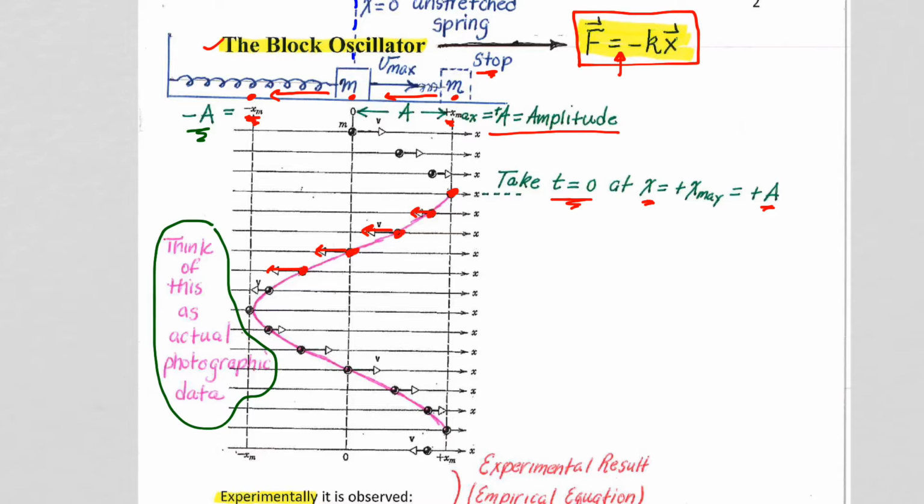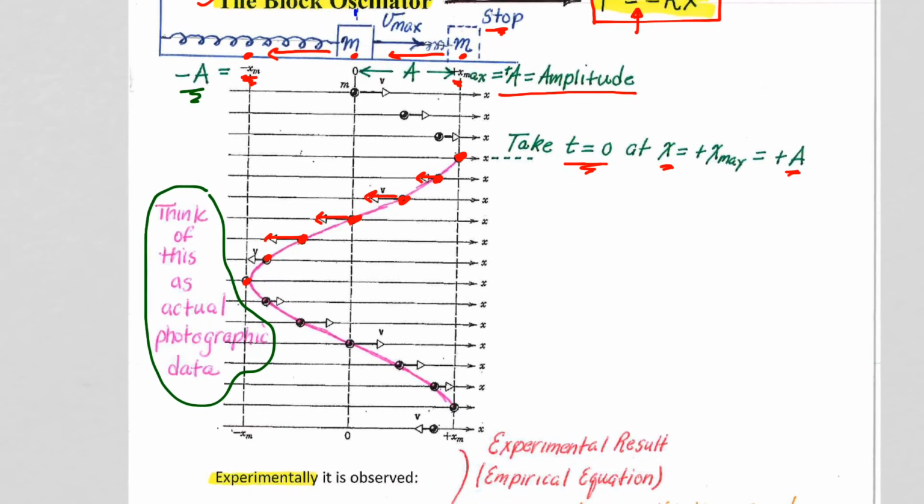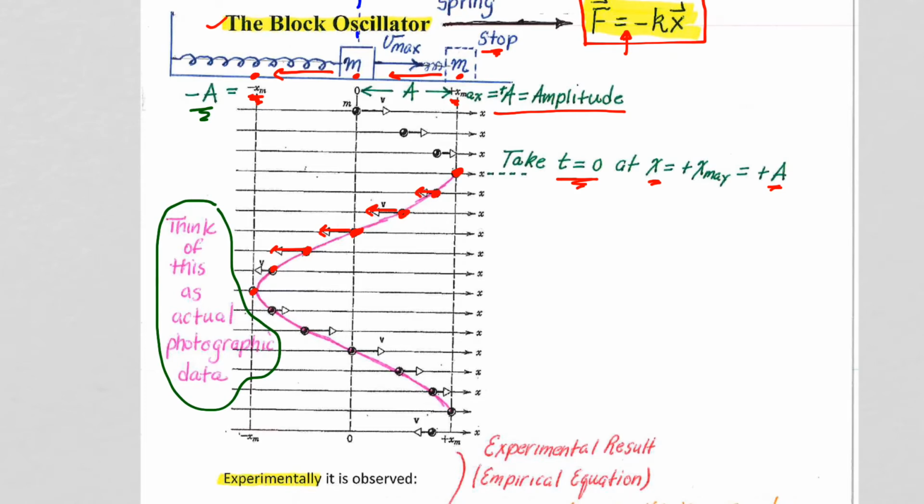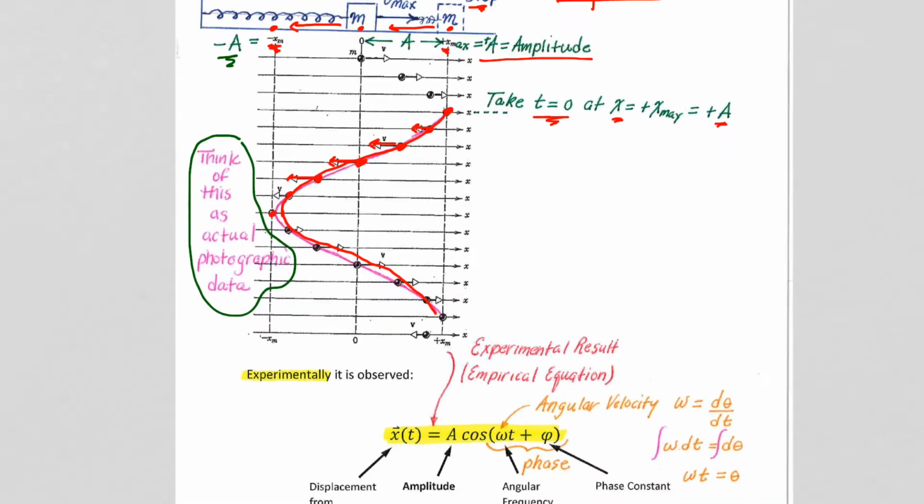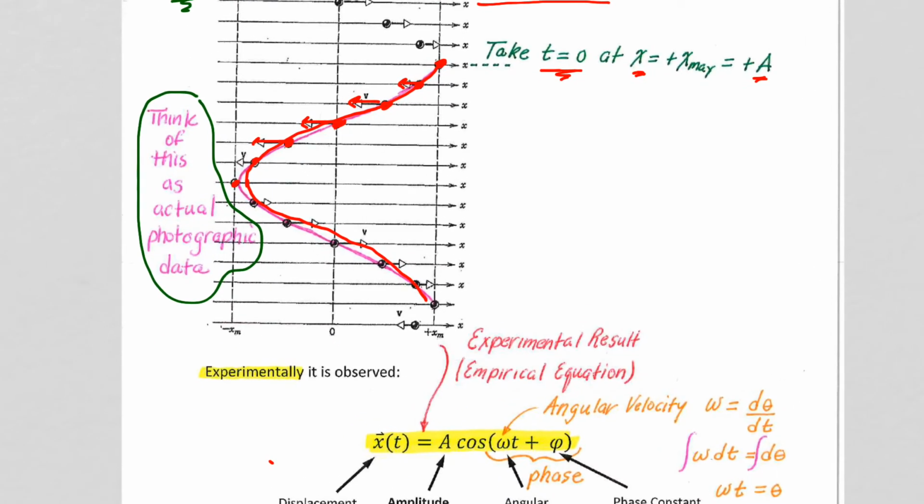So it's kind of like a strobe type photograph. We strobe the light, and we get a photograph every time the light shines, and we can think of this as data. If we took the data and put it into a graphing program and matched it to a best fit curve, we would see that, if we turned our paper sideways, the graph matches a cosine function.